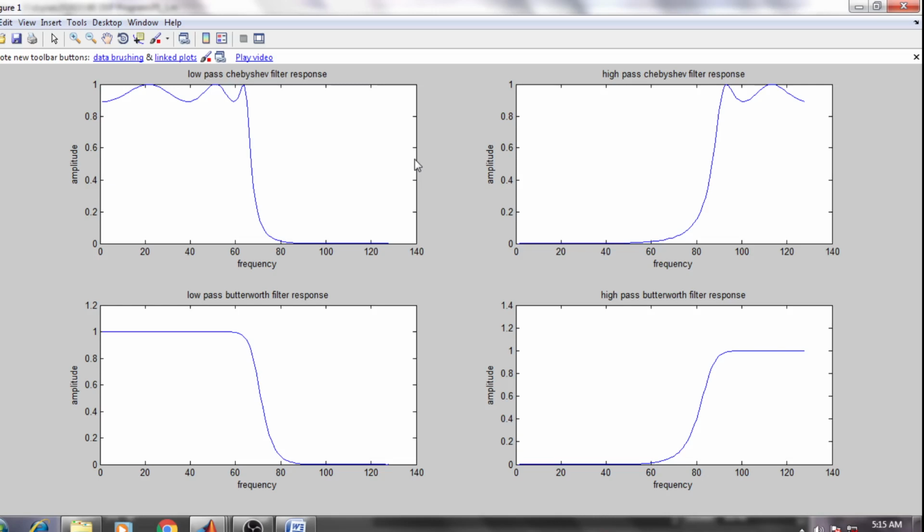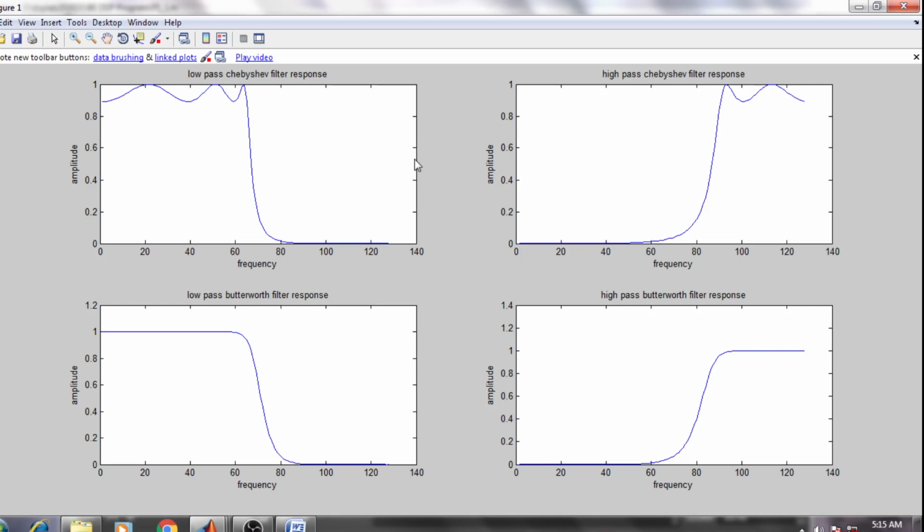Similarly, for the high pass filter, in the passband there are multiple ripples in the Chebyshev high pass filter, but in the Butterworth high pass filter the response is very flat. This is the beauty of the Butterworth filter. I think the Butterworth filter is most precise and specific as compared to the Chebyshev filter. I hope you can do the comparison between Chebyshev and Butterworth, low pass and high pass filter.